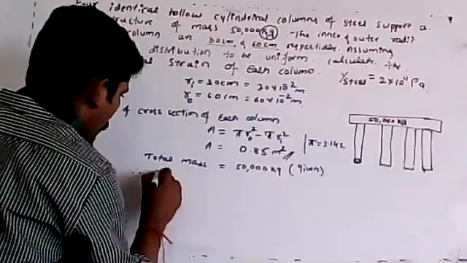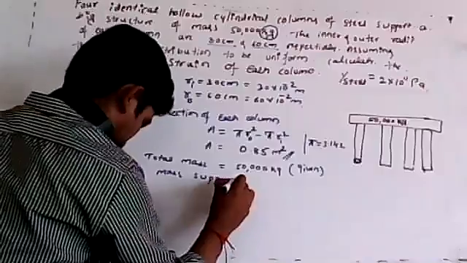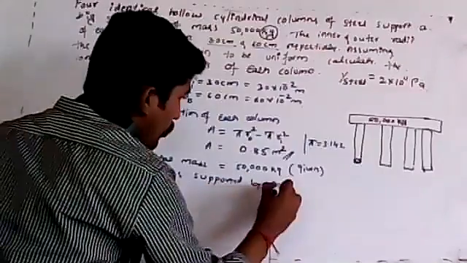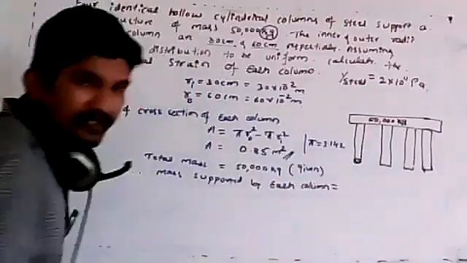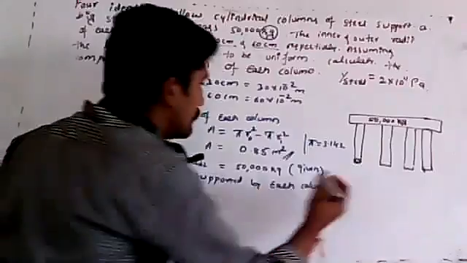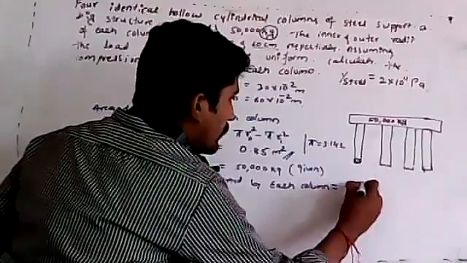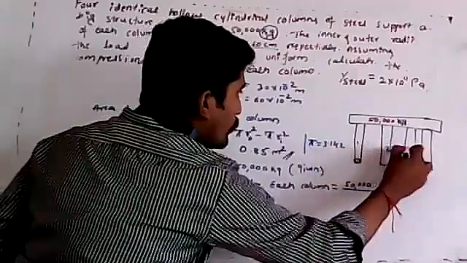So therefore, the mass supported by each column. How can I write this? Yes, good, correct, exactly, Francis. 50,000 divided by 4, as 4 columns are there: 1, 2, 3, 4.